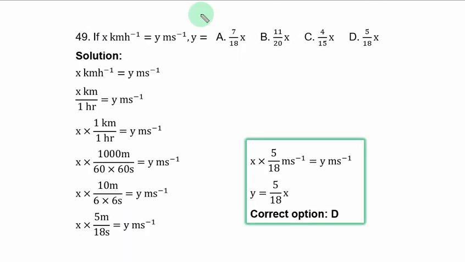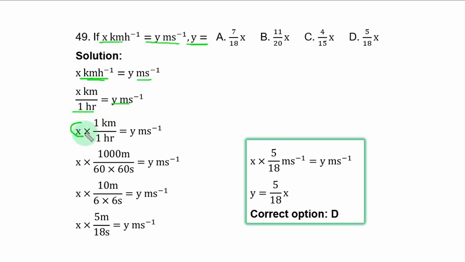Question 49. If s kilometers per hour is equal to y meters per second, find the value of y. Here, you simply convert these units to meters per second. Now, this per hour means you can express this as s kilometers over 1 hour. You equate it to the right hand side.